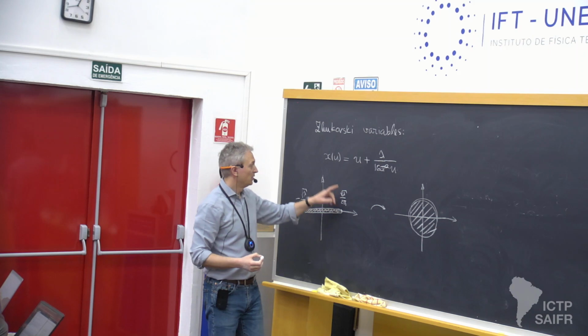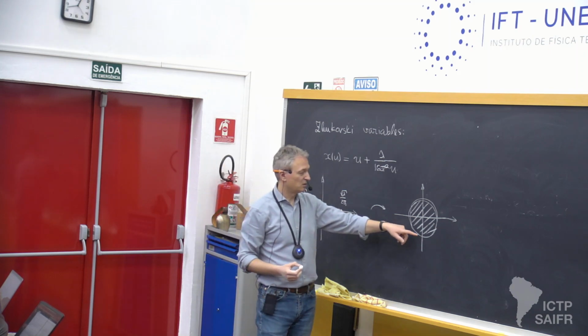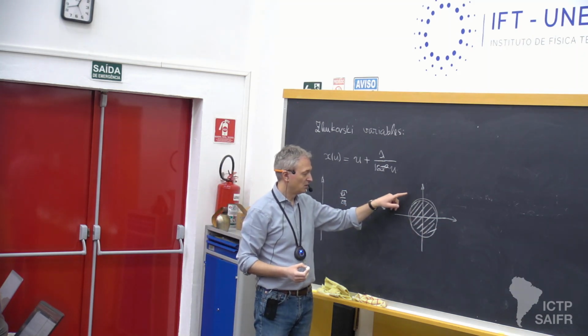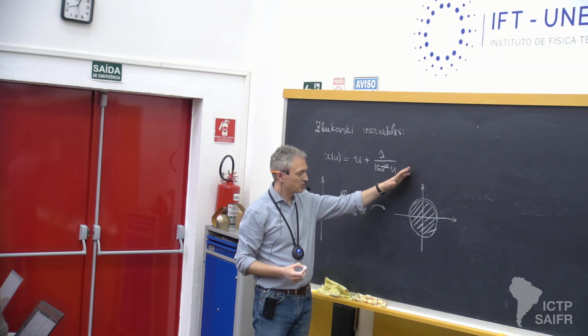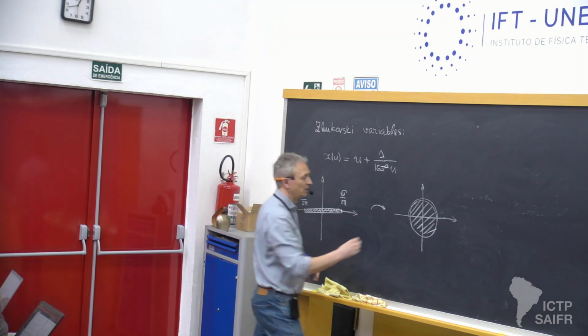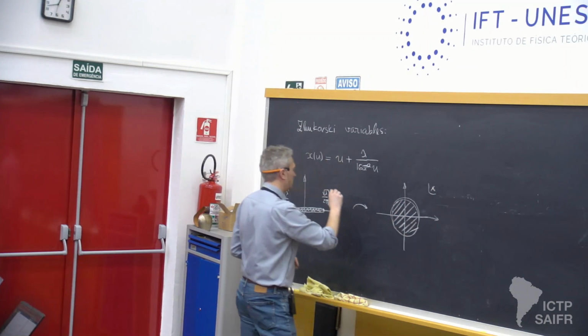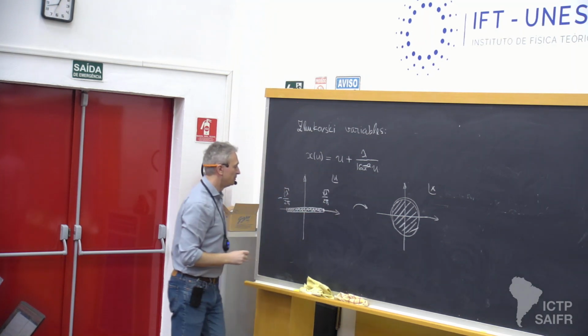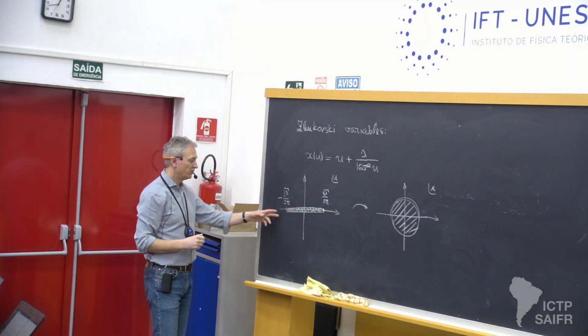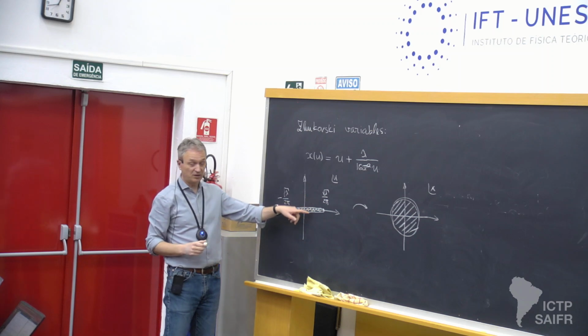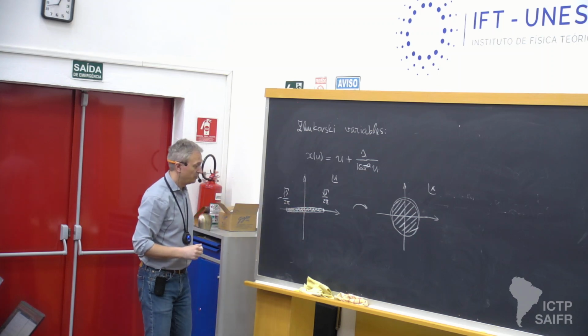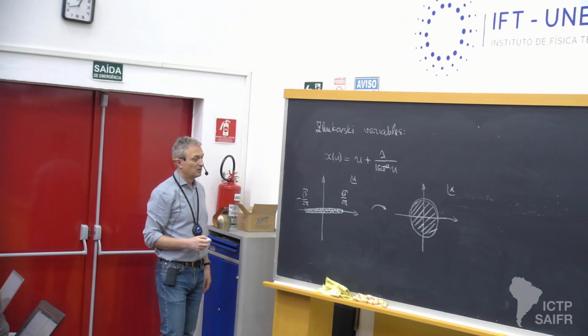So the x variable lives on the outside of the unit circle in the x plane, and in the u plane, any value of u is allowed, but there is also a cut along the real axis.